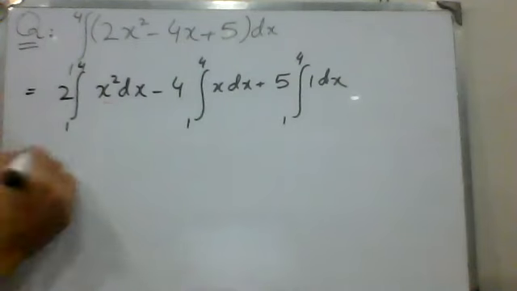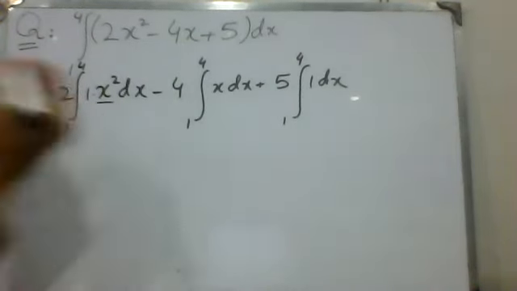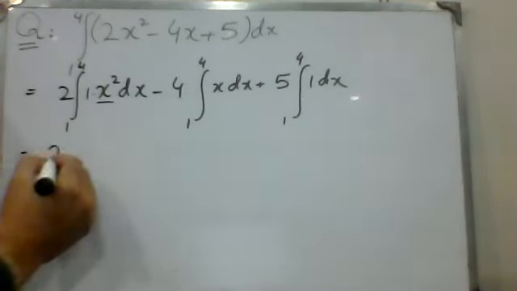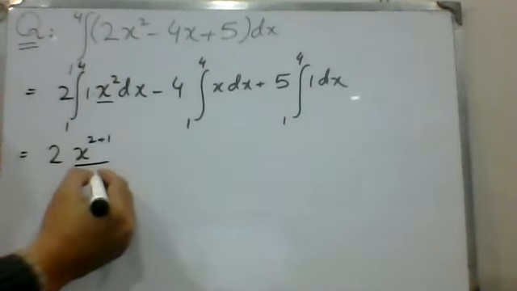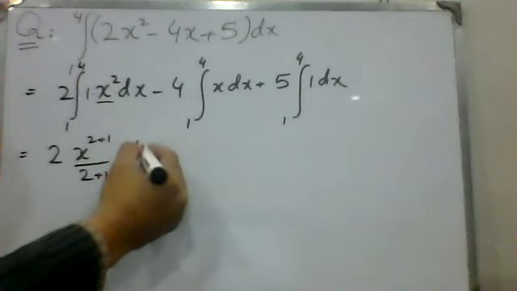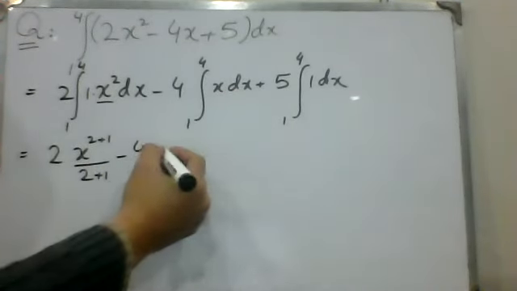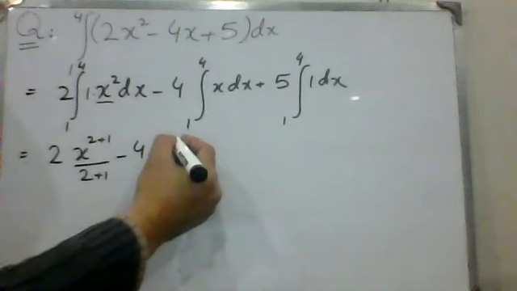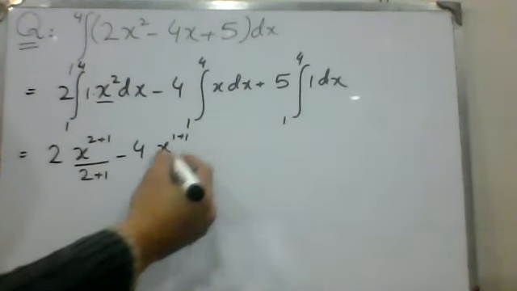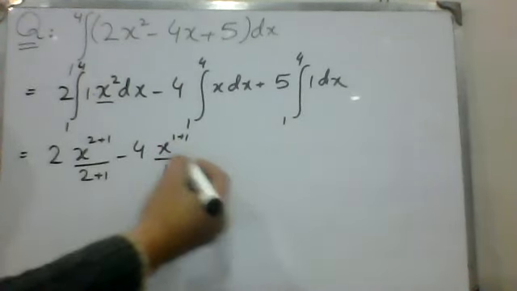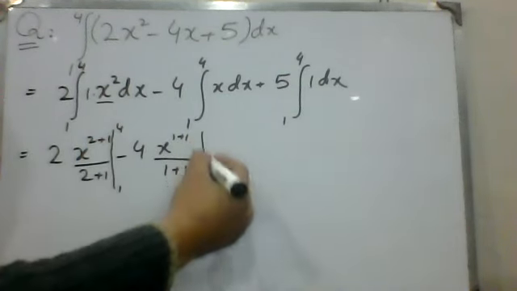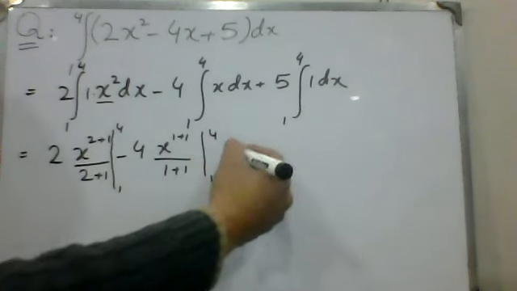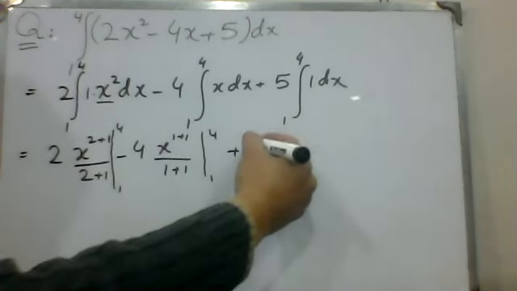Now the derivative of x is 1, so we can say 2 times x power 2 plus 1 divided by 2 plus 1, minus 4 times x power 1 plus 1 divided by 1 plus 1. Here write the limit 1 to 4, and for the second term also 1 to 4. Then the last term is 5.